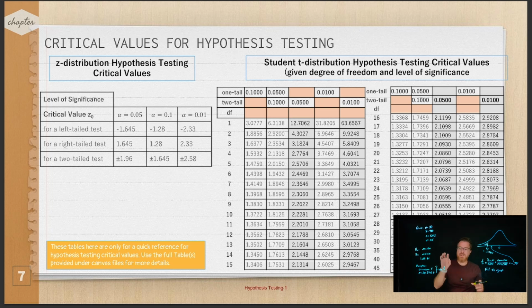And you'll notice that only certain blocks are visible. This is because generally, if we're still using alpha of 0.1, 0.05, and 0.01, then on the top row, which is your one-tail test, these would be the columns of interest: the first column, the second column, or in this case, the fourth column. If you're in the second row for a two-tail test, then in this case it would be the second column, the third column, or the fifth column.